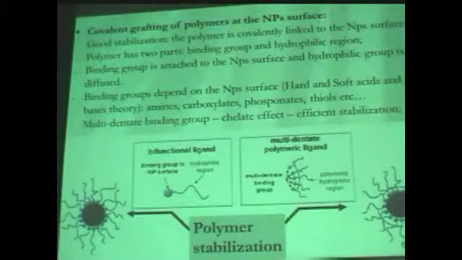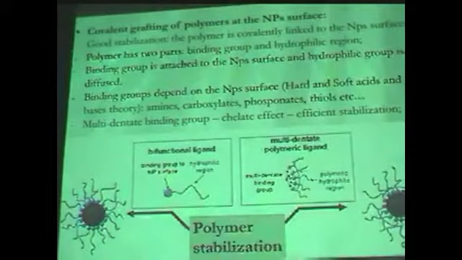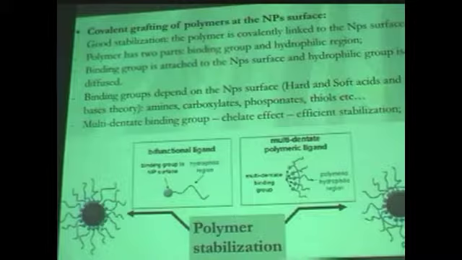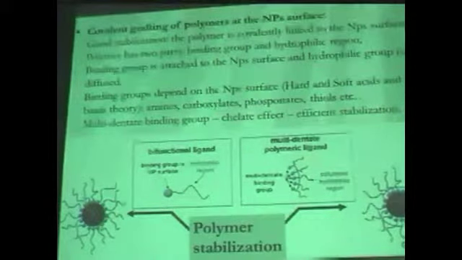For instance, iron, cobalt, nickel nanoparticles, or their respective oxides, may be obtained and stabilized by carboxylate, phosphate, or phosphonate groups.